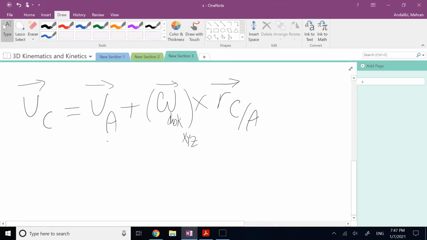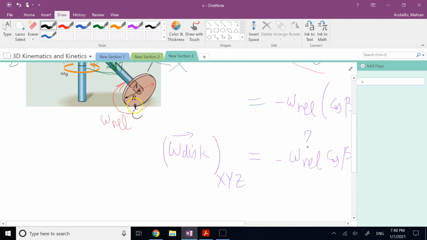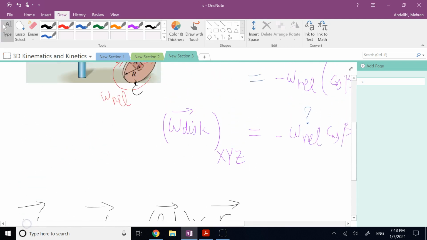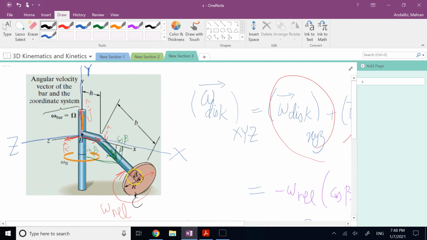Because V of C and V of A are absolute velocities, this omega has to be absolute, meaning with respect to the fixed frame. Now what is V of C in the fixed frame? Well, C is a contact point, and this is rolling without slipping, so V of C is 0. What is V of A? How can I find V of A, this point?